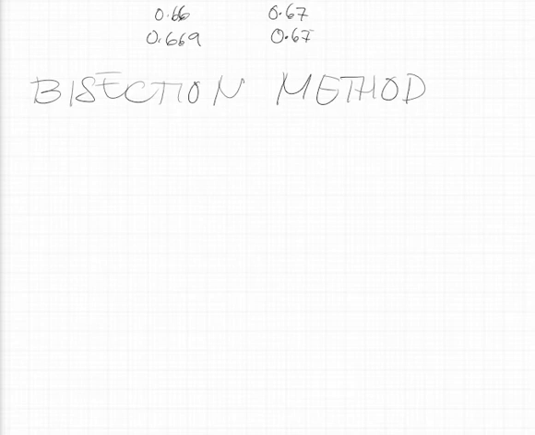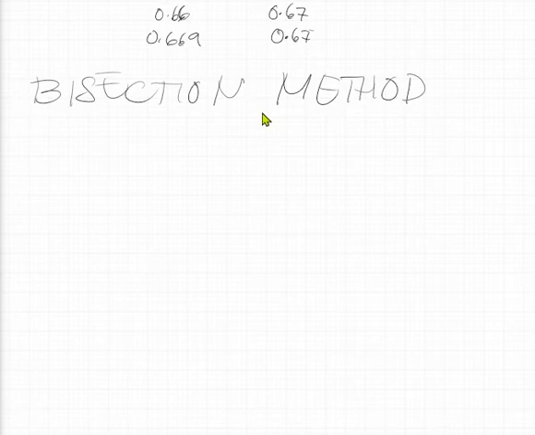That's why it's called bisection. They also call this one binary chopping. Some books also name it Bolzano's method, named after the one who used this type of method.